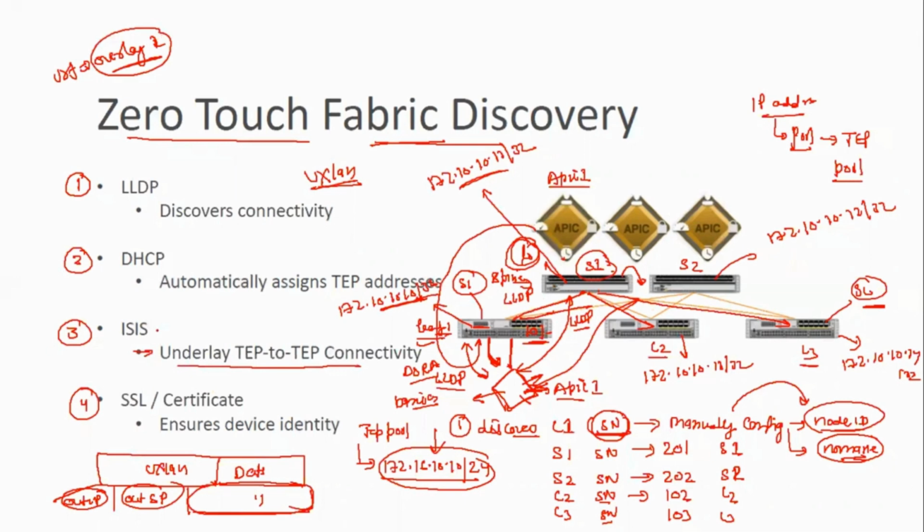Once underlay connectivity is formed between leaves and spines, for their communication there will be an SSL certificate shared between leaf and spine, and it uses 1024 bits of SSL. So any infra related communication between your leaf and spine will use the SSL certificate.